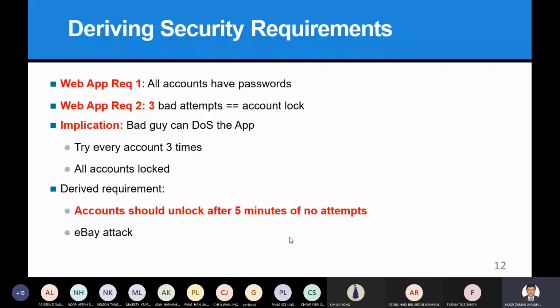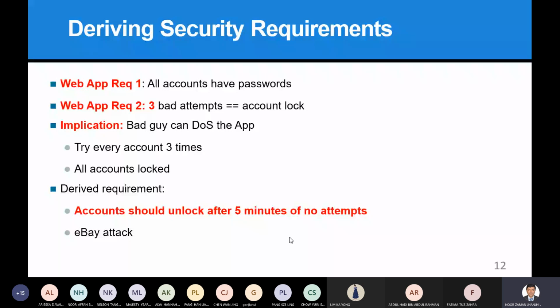The driving requirement is that all accounts must have passwords. And in case a user is trying to log in again and again, we may not allow the user multiple attempts, like 100 times, because this could count towards a DDoS attack.